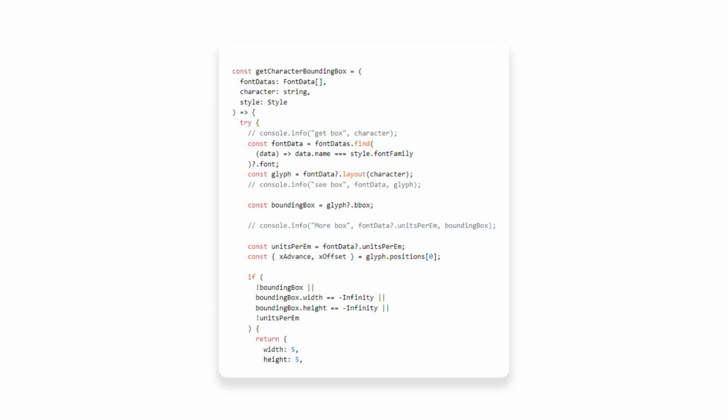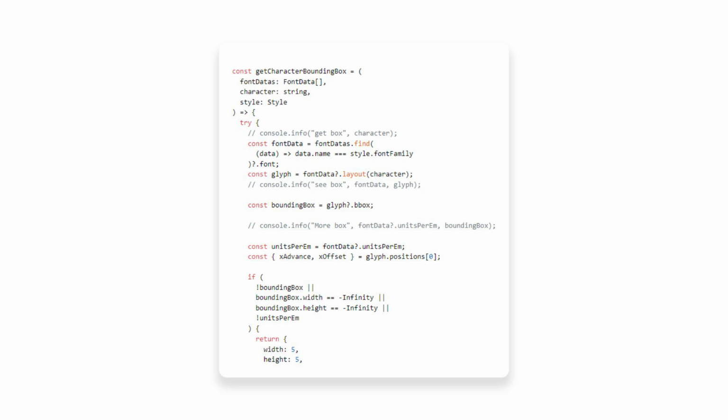Now we define a function called getCharacterBoundingBox, which retrieves the bounding box dimensions for a specific character given its font data and style. As I mentioned before, it's an expensive operation, which is why it is cached. 1. Font data retrieval. It searches through an array of font datas to find the appropriate font data that matches the specified font family from the style. 2. Glyph layout. It lays out the specified character using the found font data to obtain the glyph, which contains positioning and bounding information. 3.